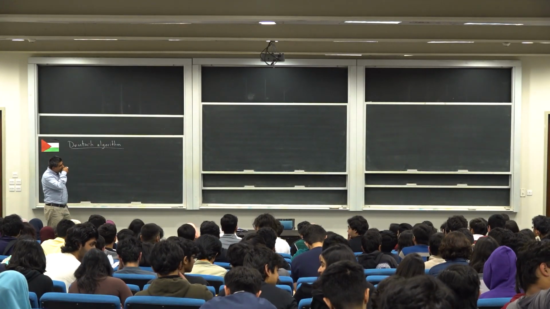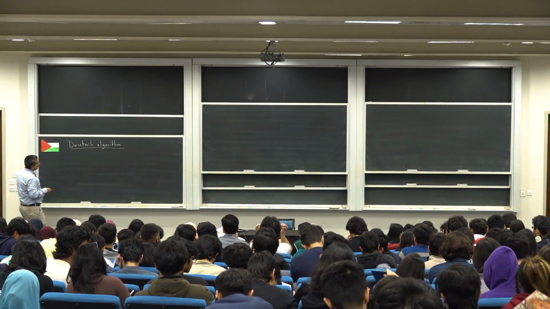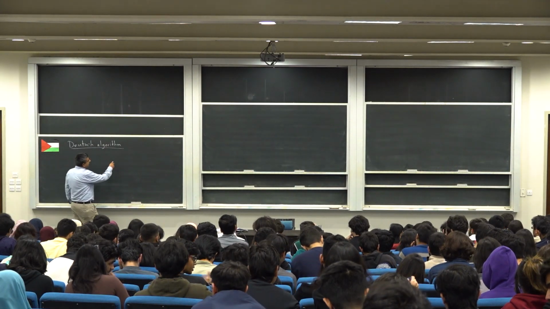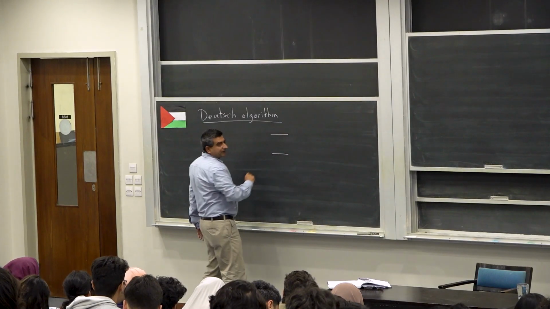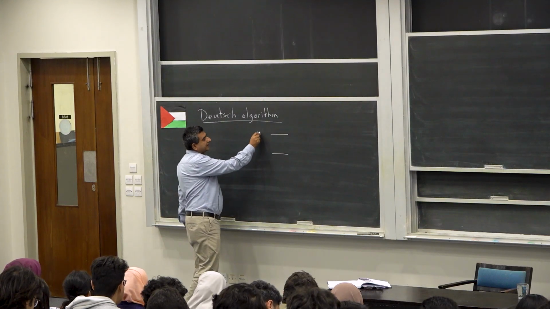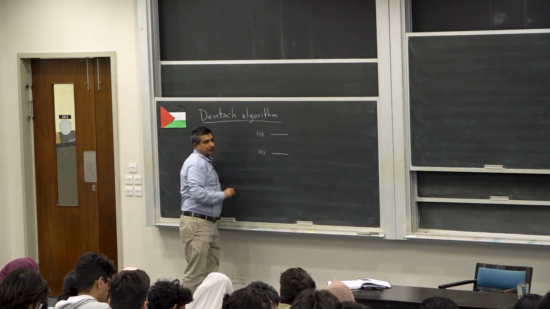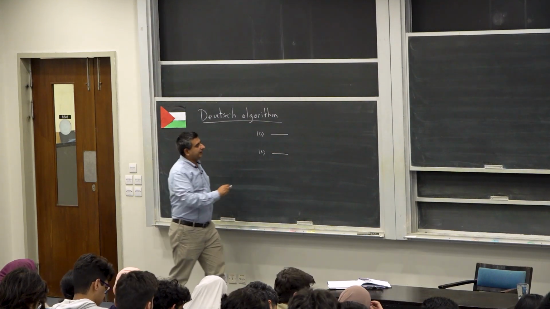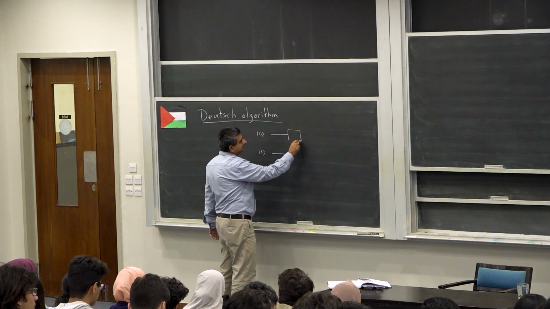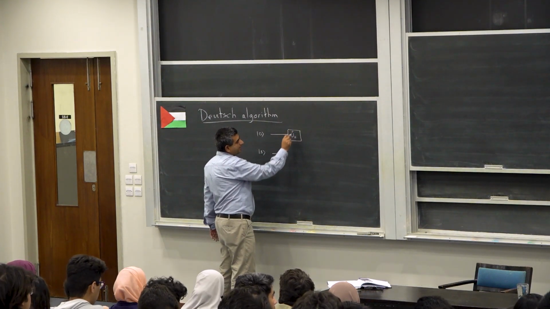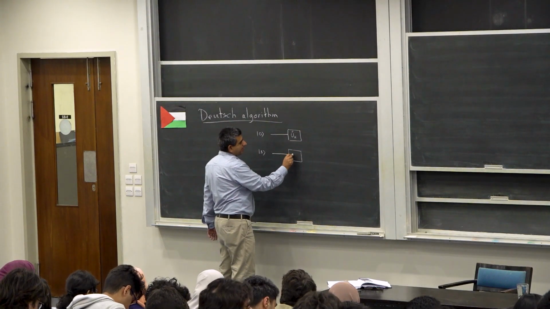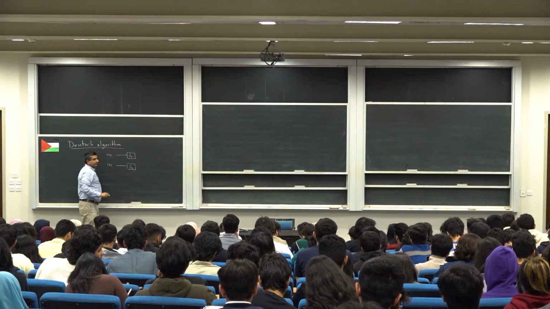So if I were to redraw the circuit for the Deutsch algorithm, this is what it looks like. I have 2 qubits, one qubit initialized in the state ket 0, the other qubit initialized in the state ket 1. Each one of these qubits then sees a Hadamard gate, which is a unitary operator.